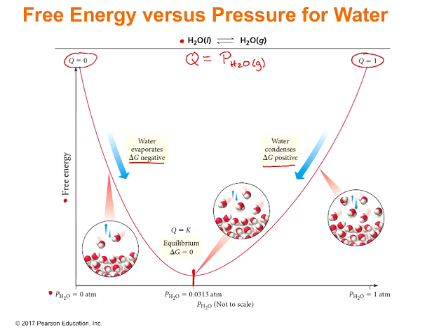All right, so this is just demonstrating the different situations we might have for a process. So again, remember at equilibrium, Q is equal to K and delta G is equal to 0. But also you'll notice that at equilibrium, we're not at standard conditions. The pressure of the gas is not 1 atmosphere, so we're at a different pressure.